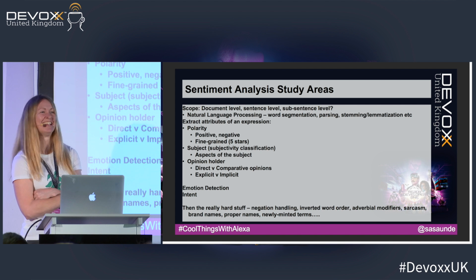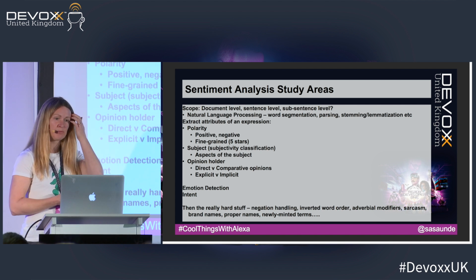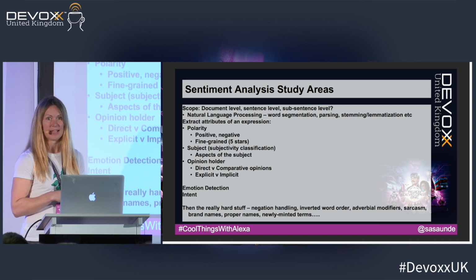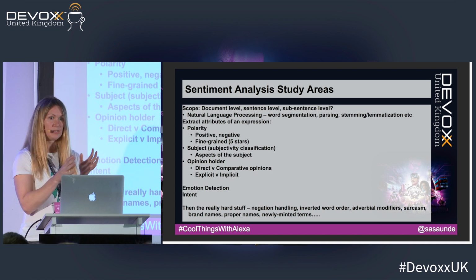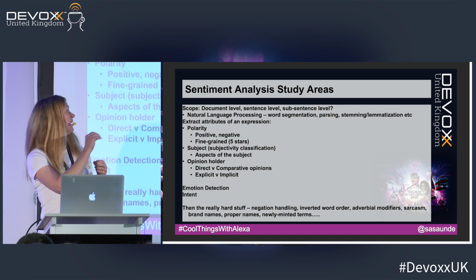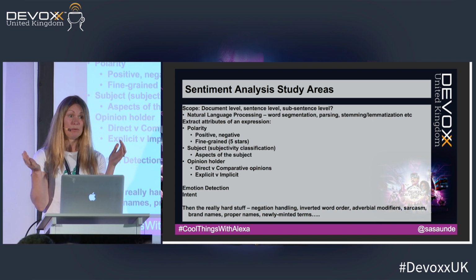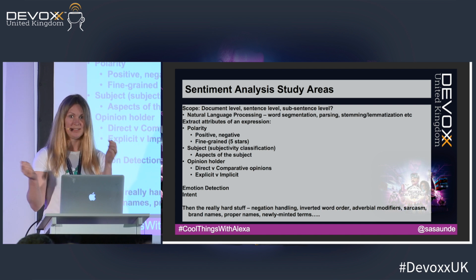Started to look into it, and obviously we're standing on the shoulders of giants as computer scientists, because the study of natural language processing is hundreds of years old, and people have gone to great lengths to try and analyse what we say and how we say it. So there's that base level of natural language processing. Word segmentation: not all languages have a space between words, so you've even got to get past that step 1 of where are the actual words in this.